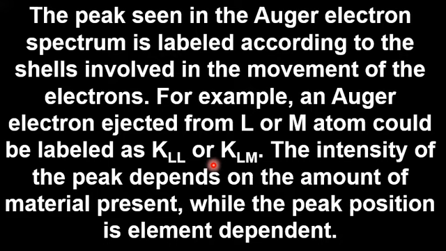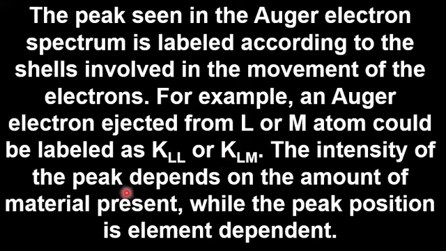It will depend on the transition of the electron from a higher energy level like the L energy level into a core energy level like the K energy level, or from higher to higher energy level, or from K to L energy level. On the basis of that, the spectrum is labeled.